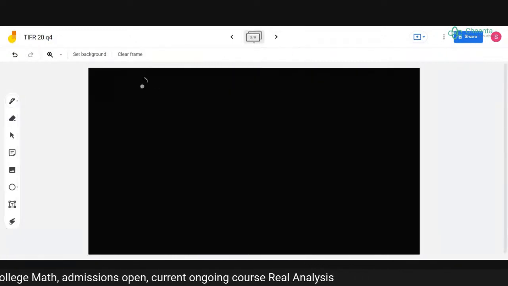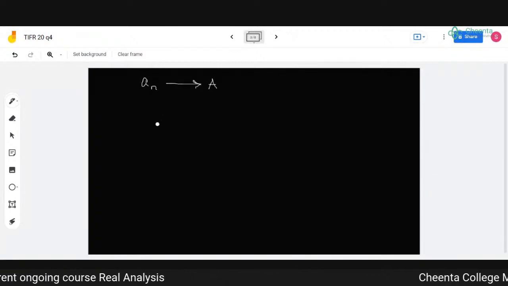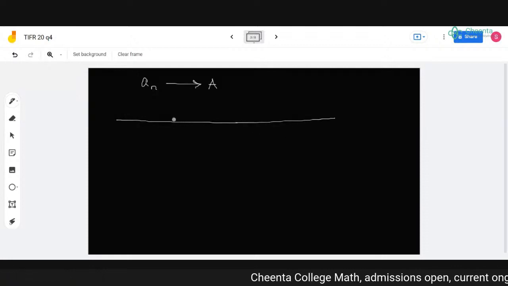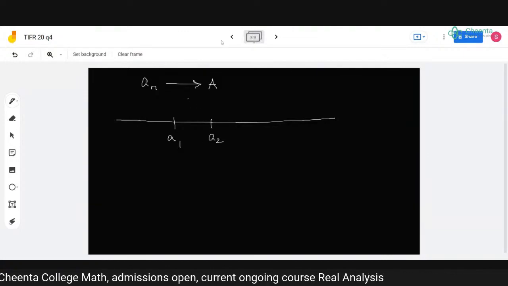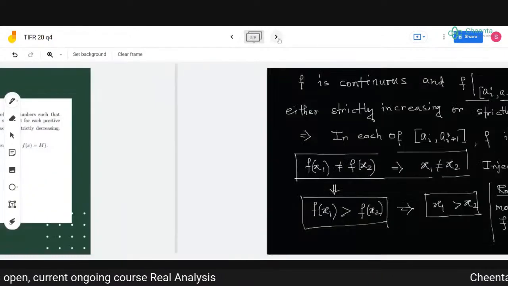Since a_n tends to a, that means what? On the real line, if you put down the ai's, how are they given? a1, a2, in an increasing manner. As you can see in the question, it is a strictly increasing bounded sequence.